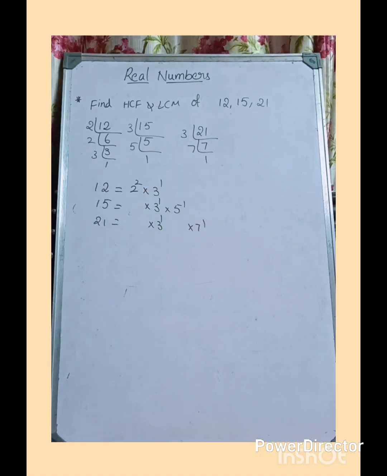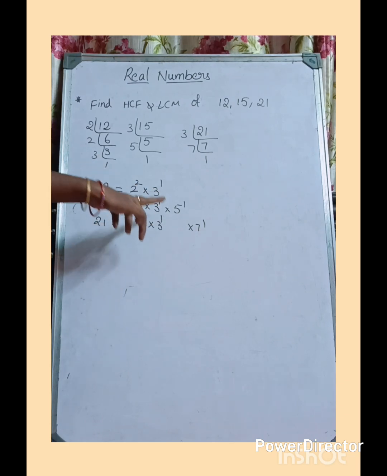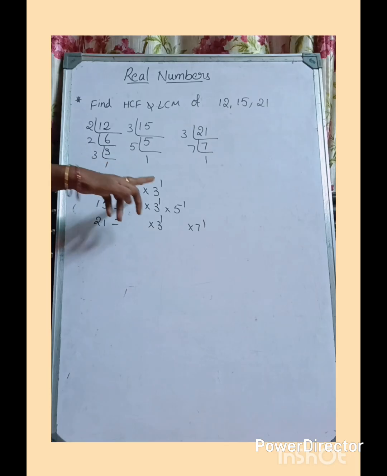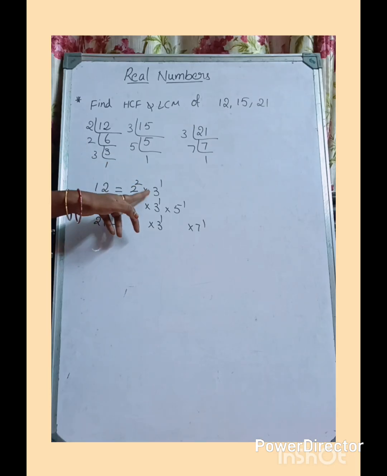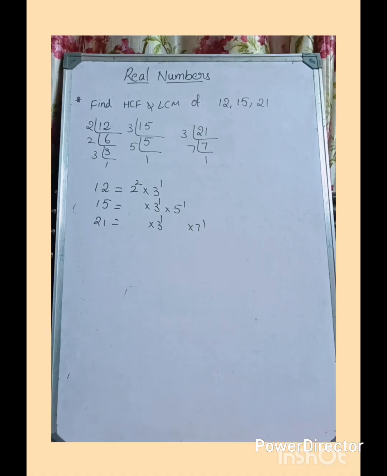Correct? Now, if you observe the prime factors here, how many different numbers do we have across the 3 numbers? 2, 3, 5, 7. Correct? In 12, we have 2 and 3. What numbers have we missed here? 5 and 7.